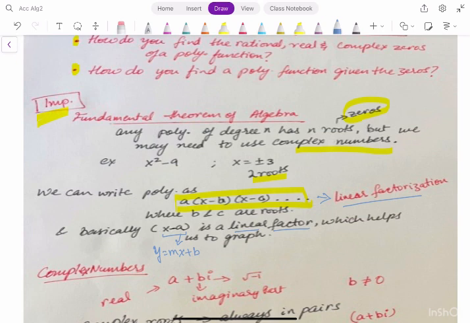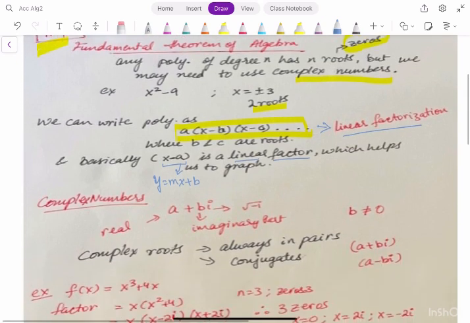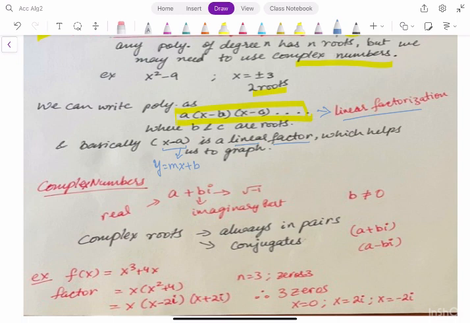So keeping that in mind, when we talk about complex numbers, as we have discussed earlier, a complex number has two parts. One is the real part and the other is the imaginary part. a plus bi, and i is nothing but the radical of -1, or I can say i squared is equal to -1.